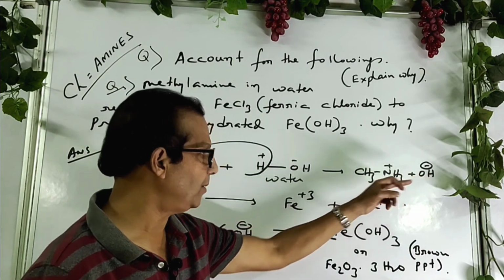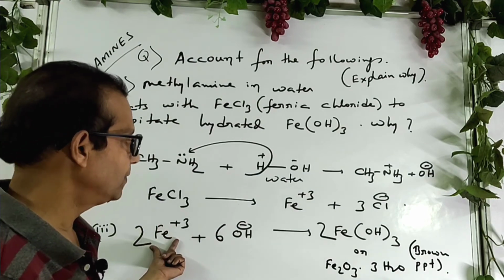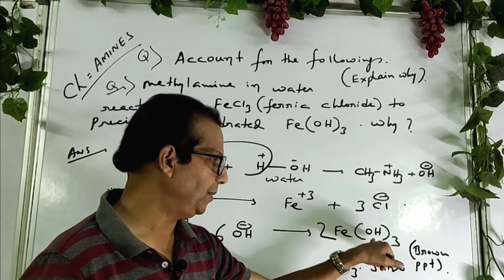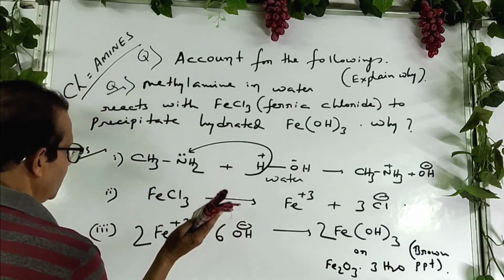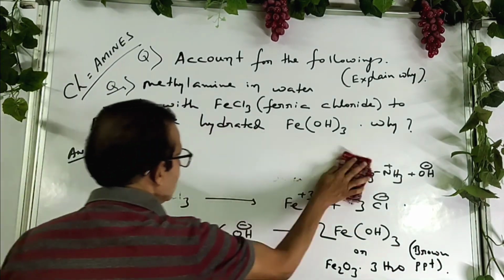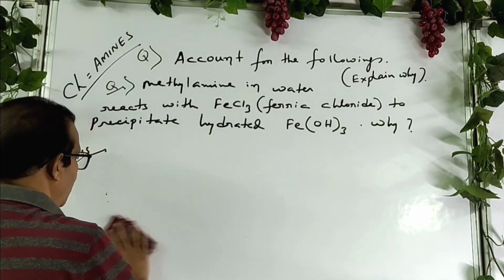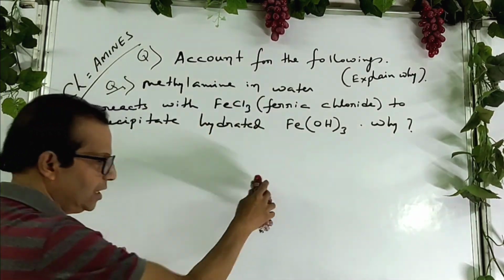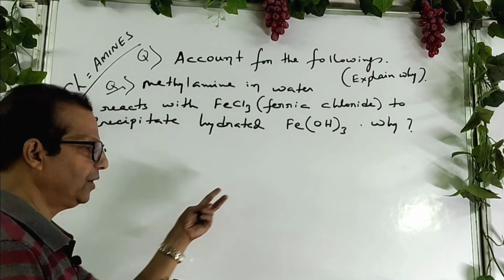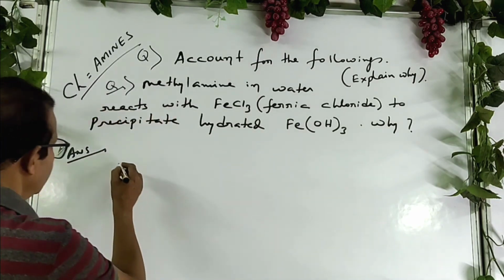This OH negative ion easily combines with ferric ion to form a brown precipitate of ferric hydroxide or hydrated ferric oxide. So let's see how to write the answer, okay. But again, I think it is better to write the reaction, and if you forget, only write the language.